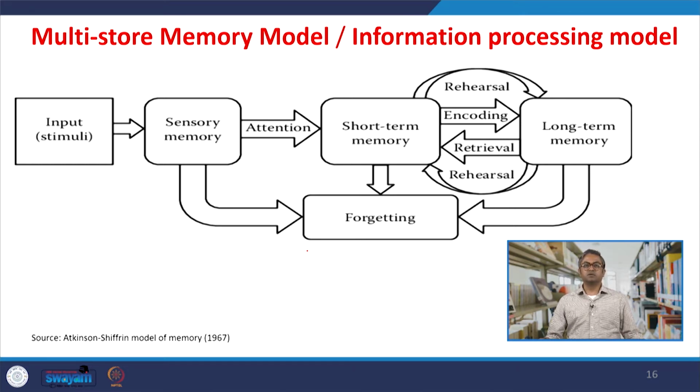How does this model work? From the environment, we select the sensory stimuli, which our sensory register collects. The nature of the sensory stimuli could be visual, auditory, tactile, olfactory, etc. Once we select this stimuli, it moves into our sensory memory.